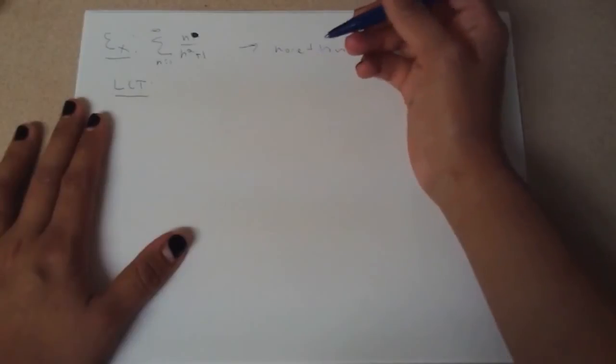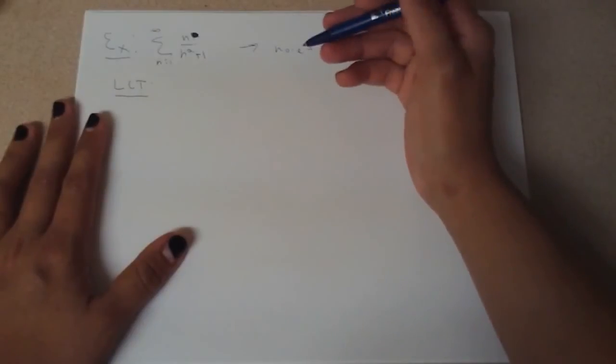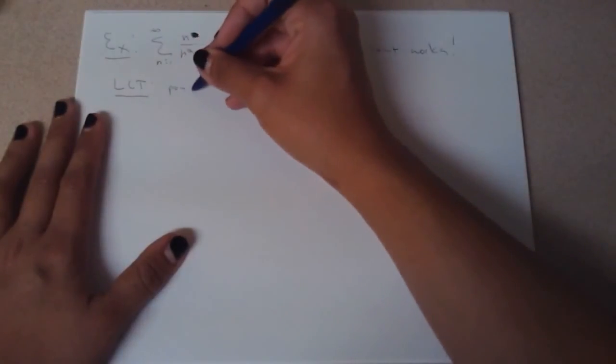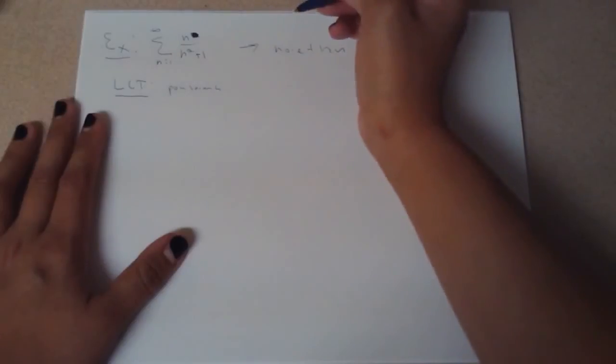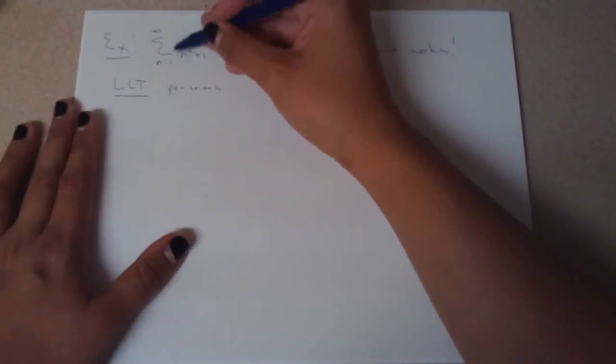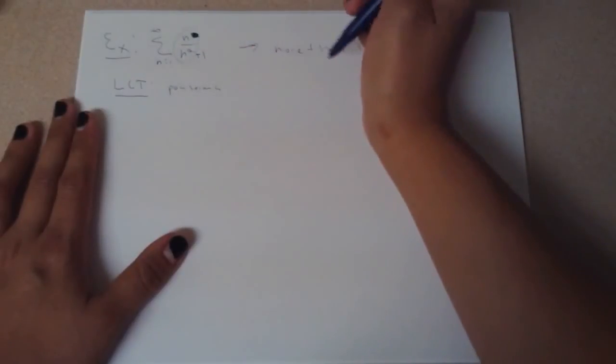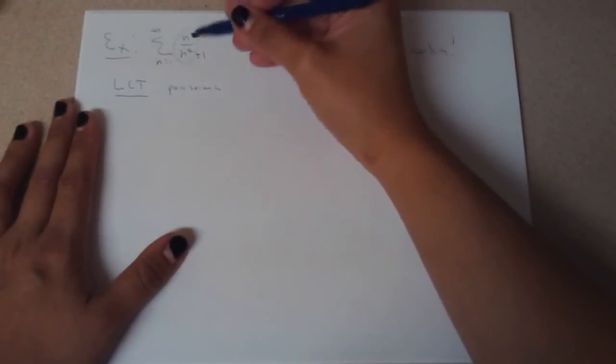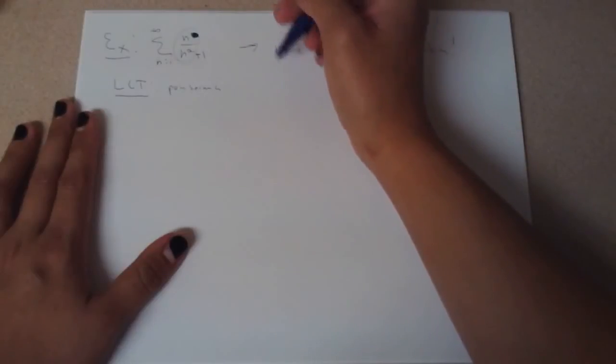All right, if I do limit comparison test, we need to make note of the fact that we've got positive terms here. We also need to make note of what we are comparing this to. My dominant terms are going to suggest that probably 1 over n, after I cancel, is a good comparison.